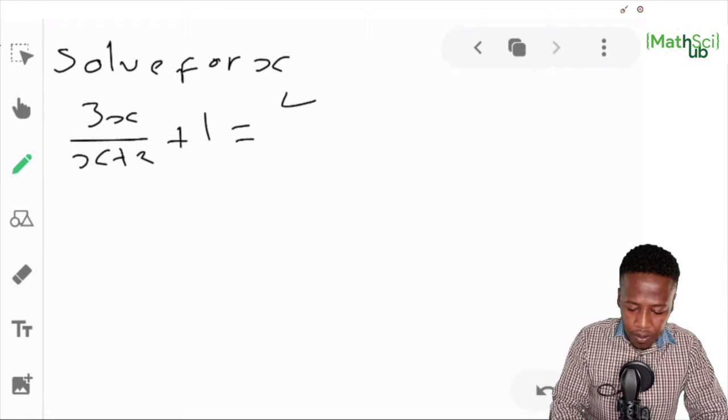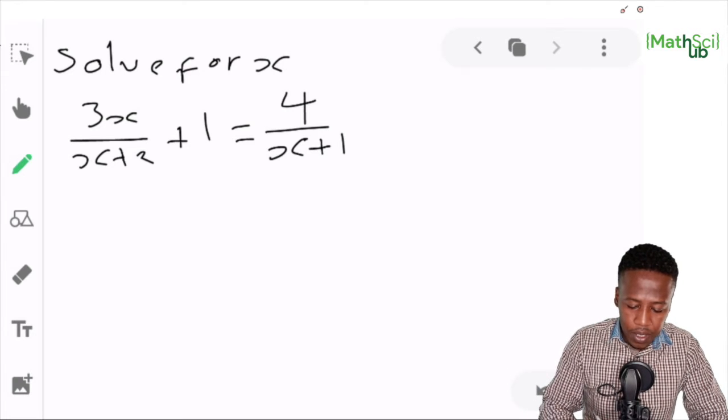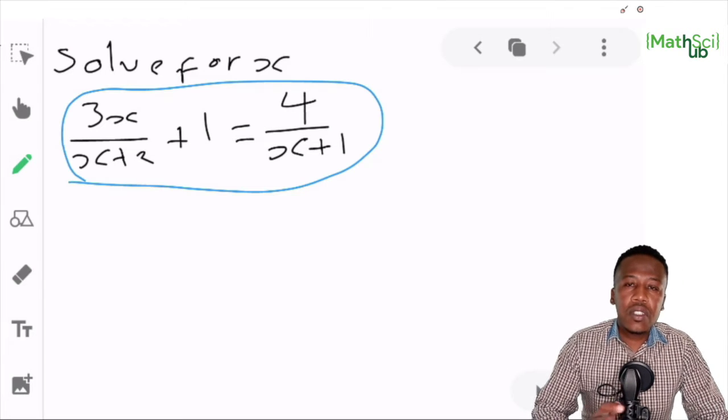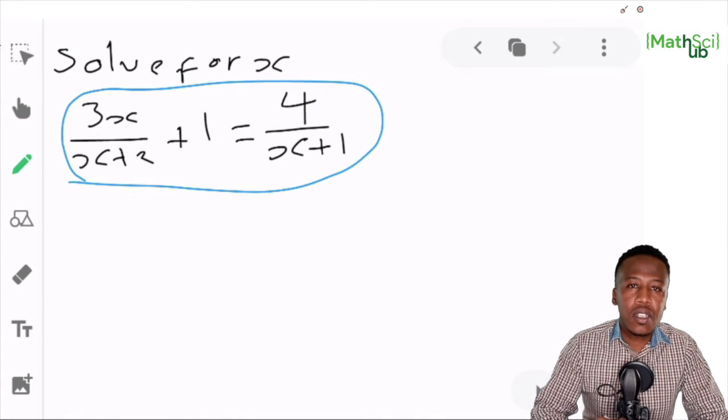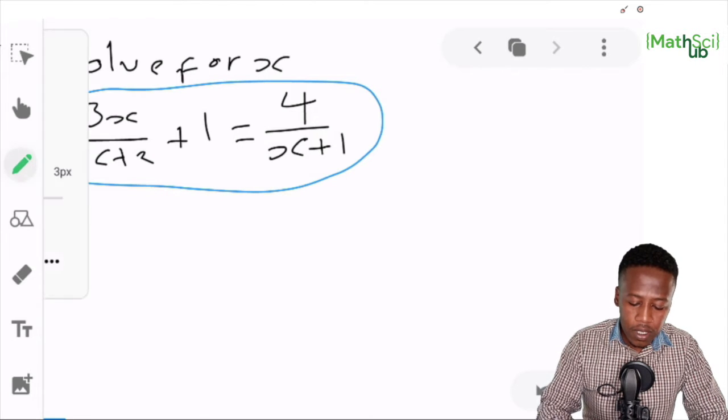And then we have 4 over x plus 1. Now, looking at this expression, the first thing you need to think about is, is it in a standard form? No, it's not. So try to get it in a standard form before you solve for x.